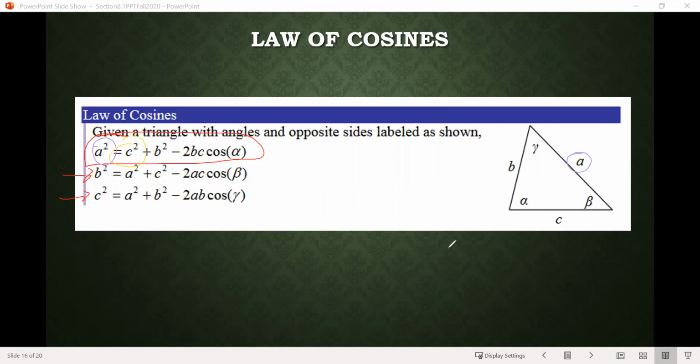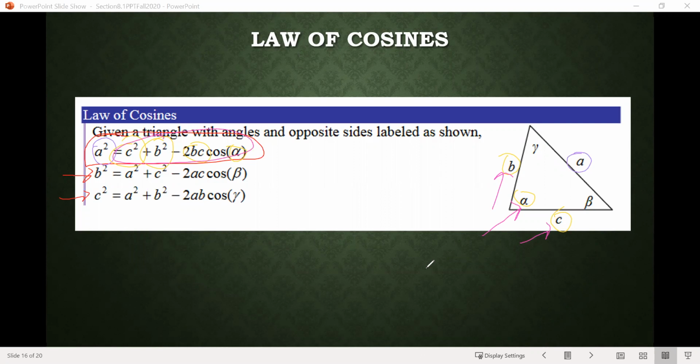And then on the right-hand side, we have C's and B's together, and we have C and B here. And then it also includes the alpha. So notice what the setup here is, that on that right-hand side of the equation, we have two sides and the included angle in them that's all together on the right-hand side.